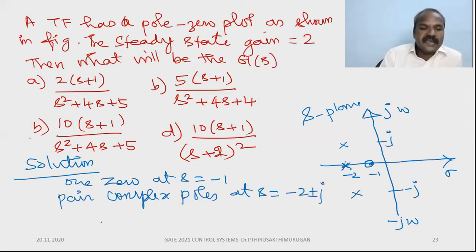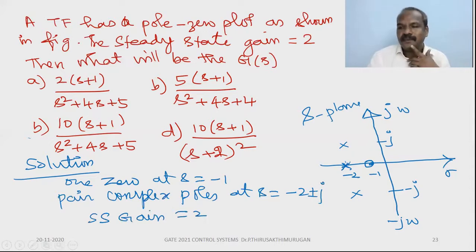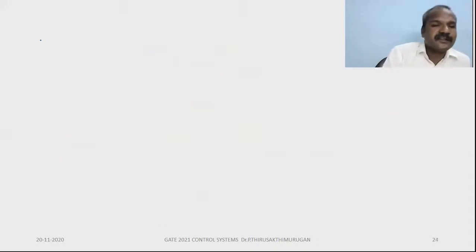The steady state gain is given as 2. So what will be your transfer function? You check with every one of these systems. First let us form the transfer function.